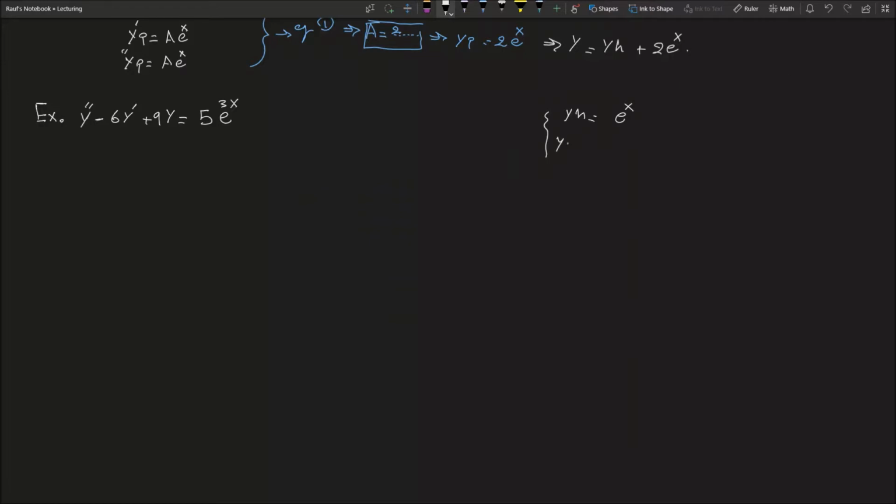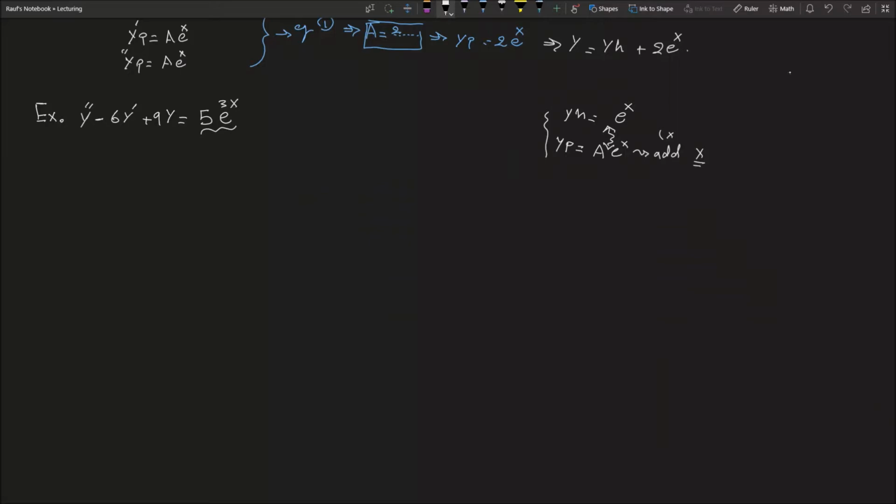Now in your particular solution, when you go back to the table that we mentioned earlier, if you want to represent the particular solution based on the right hand side of the equation, let's say a multiplied by e to the power of x, but these two are identical, it's good practice to multiply that equation by x.